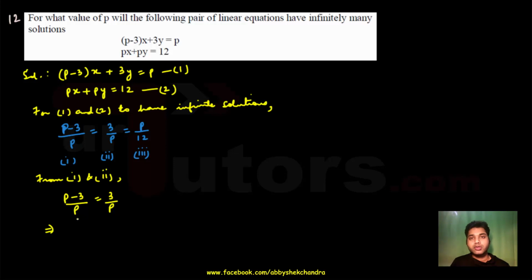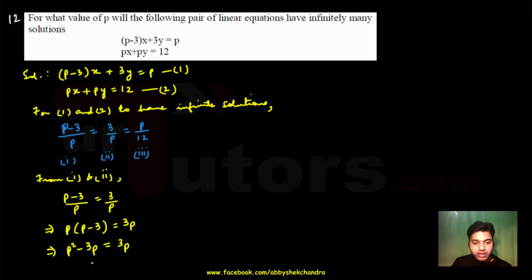So we are not sure whether p is equal to 0 or not, and when we are not sure, we do not cancel it. So we are going to cross multiply, so we'll get p into (p minus 3) equal to 3p, or p square minus 3p equal to 3p.